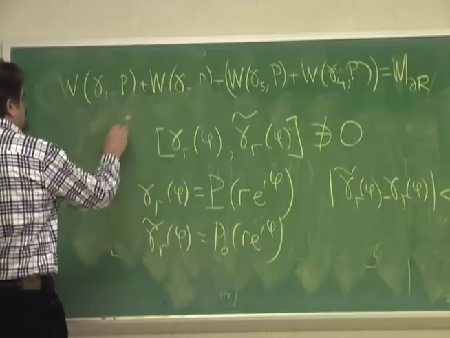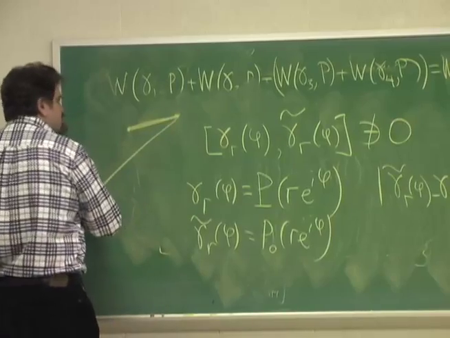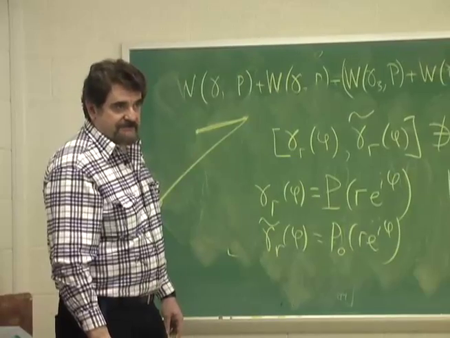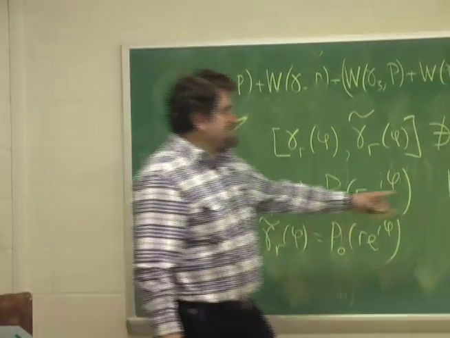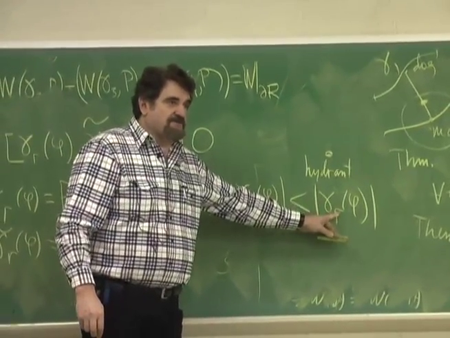If the length of the leash is less than the distance to the hydrant, then the leash cannot hit the hydrant. This is the length of the leash, and this is the distance from myself to the hydrant.